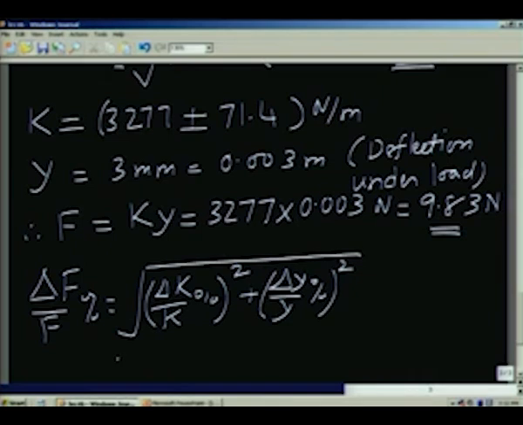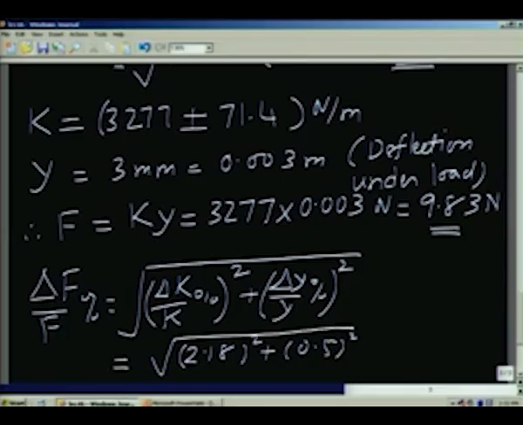So, this will give you square root of delta K by K percent, which is actually 2.18, whole squared plus 0.5 whole squared, and therefore, the percentage error in the force measured is plus or minus 2.24%.